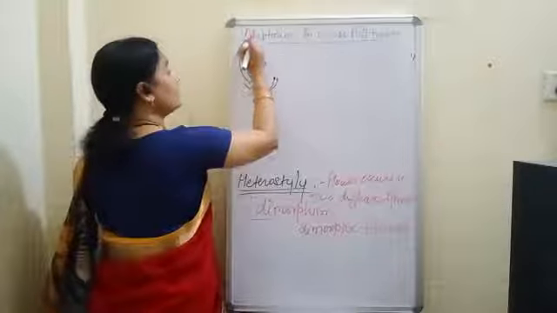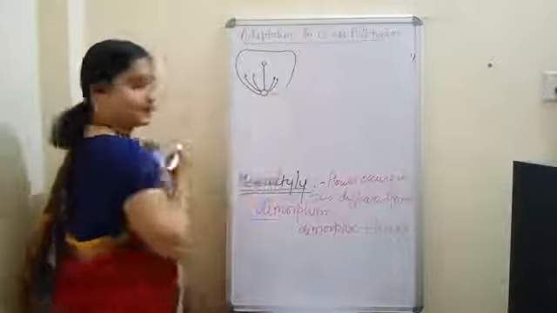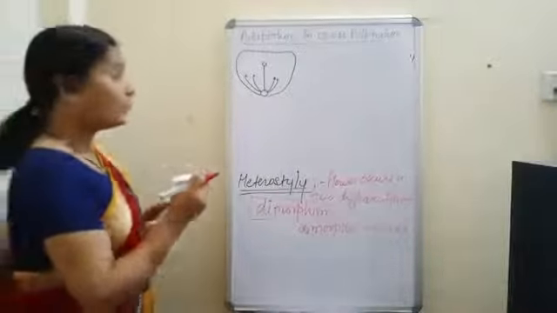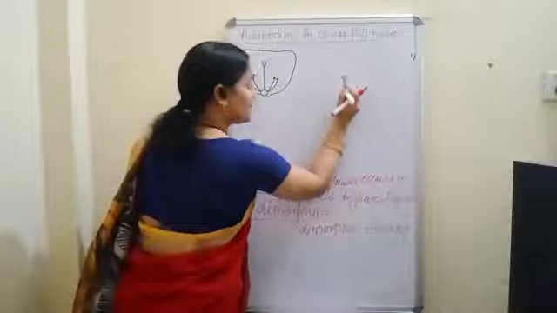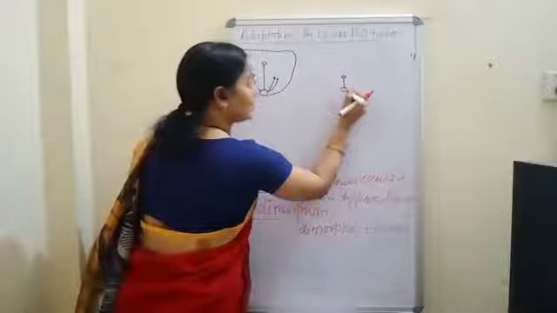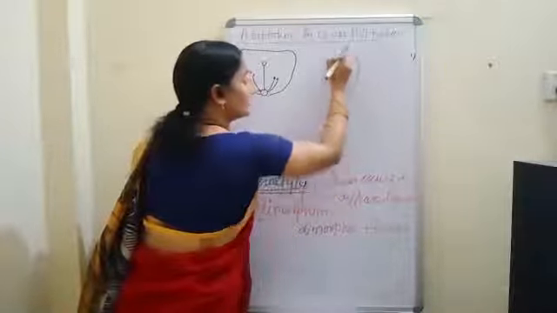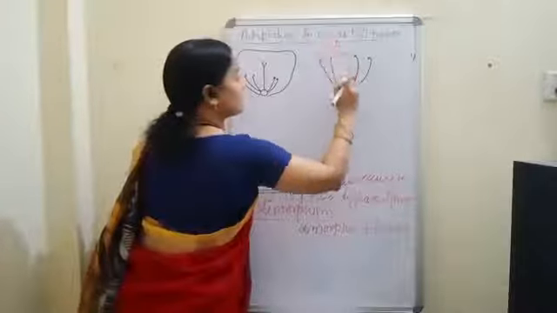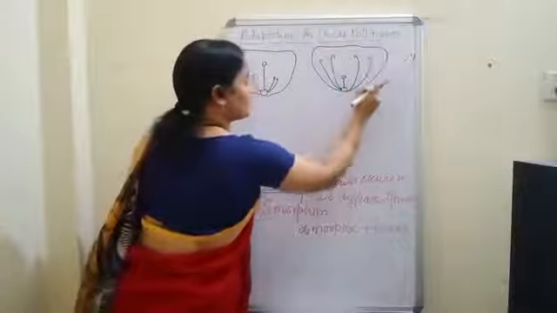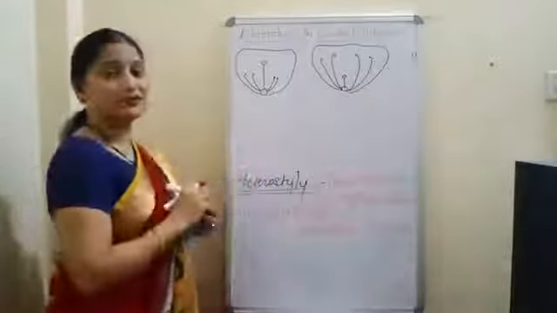This is one condition of the flower. What is the second condition? The stigma, the style and the ovary, and after that these are the stamens. Second condition of the flower.